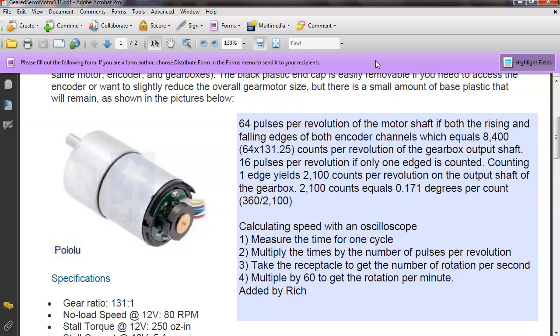So how fast is the motor going if you use reciprocal? Yeah, what happens? We missed this. We were trying to multiply by 60 before we got it into seconds.